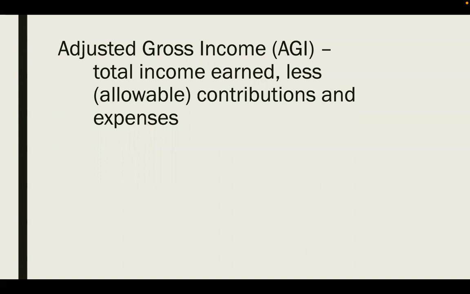Not every expense and contribution is an adjustment that we can subtract. So we take our gross income and subtract these allowable contributions and expenses. When we do that calculation, we get our adjusted gross income. You can find the list of all allowable contributions and expenses online.